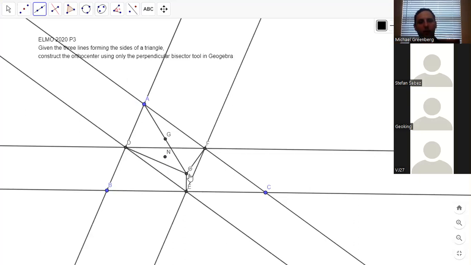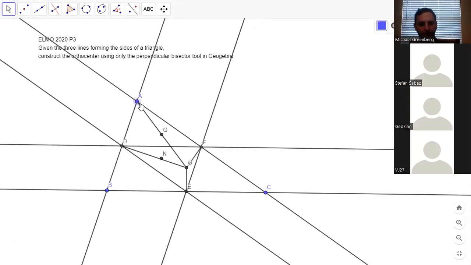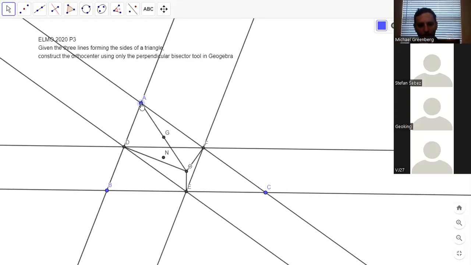Oh no, we don't want the midpoint, we want the reflection of O over N. So if we could draw the parallel to GN through A, that would solve it.